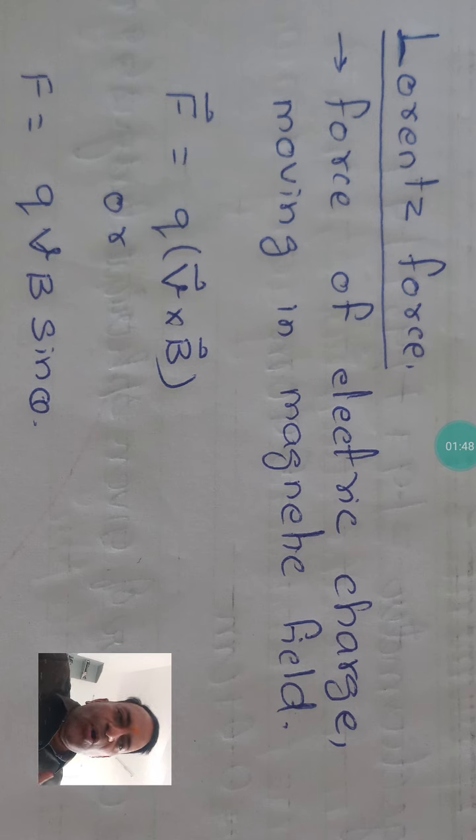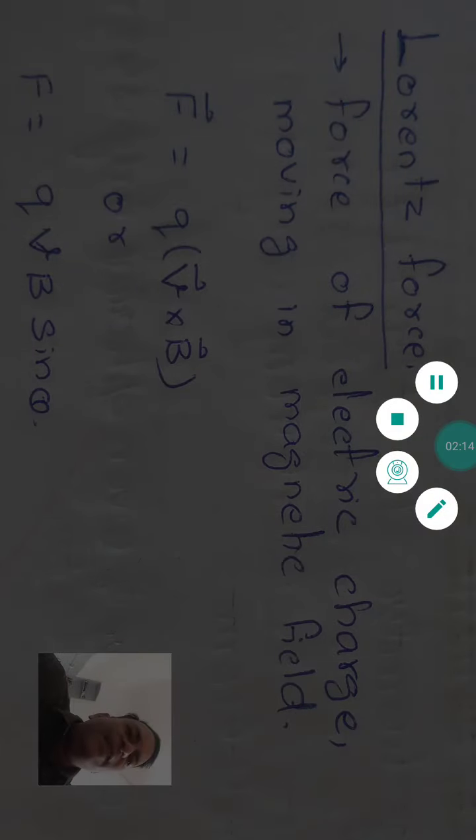F is force, Q is the charge on which the force is applied, V is the speed with which the charge is moving, B is the magnetic field in which the charge is moving, and theta is the angle between the velocity vector and the direction of the magnetic field.